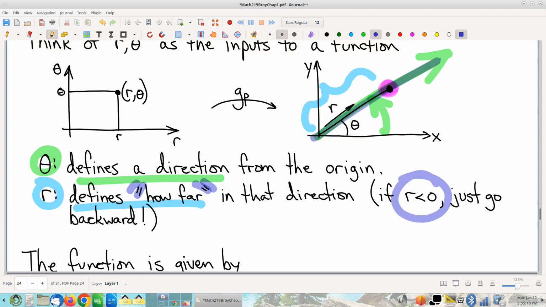Just instead of going that way, just go the other way. You can think of it this way instead.